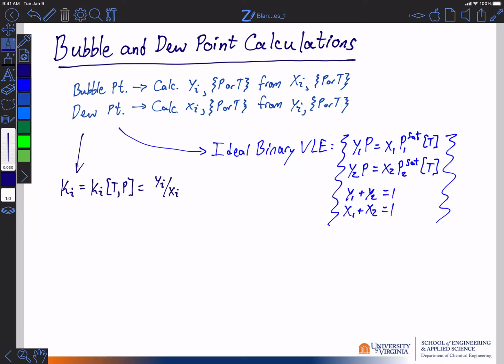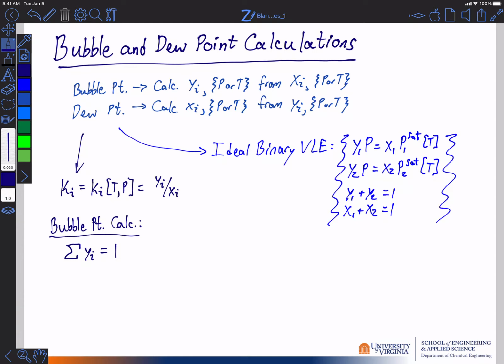And so, for example, if we're talking about doing a bubble point calculation, we don't know the vapor compositions yet. But we do know, in this case, with the bubble point calculation, that the sum of all of the y sub i values has to be equal to 1.